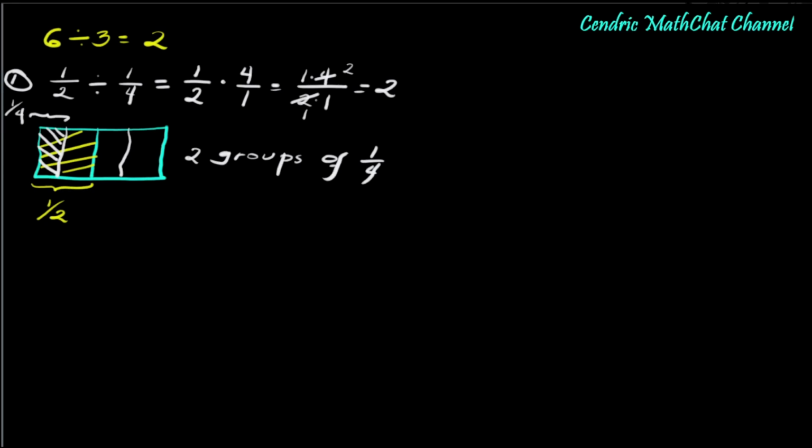So, kaya yung sagot natin dito is 2. Pero itong 2 na ito, it means 2 groups of 1/4. Hindi niya ibig sabihin na 2 whole numbers. It means 2 groups of 1/4. Okay? So, pwede tayong makayari ng dalawang group ng quarters out of this 1/2.